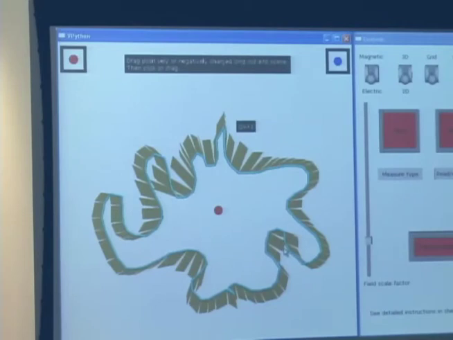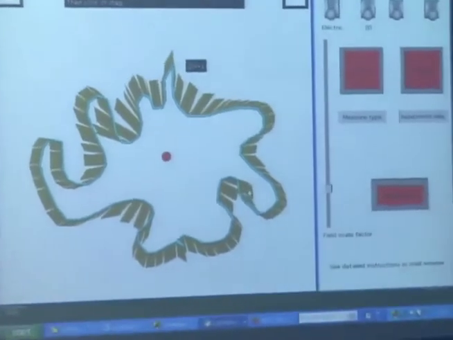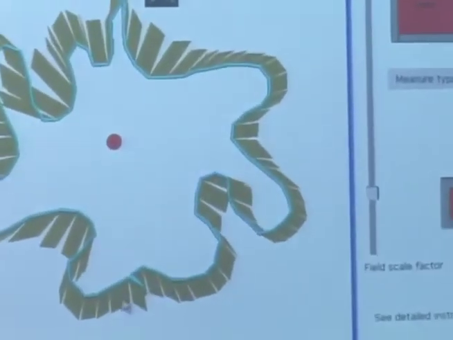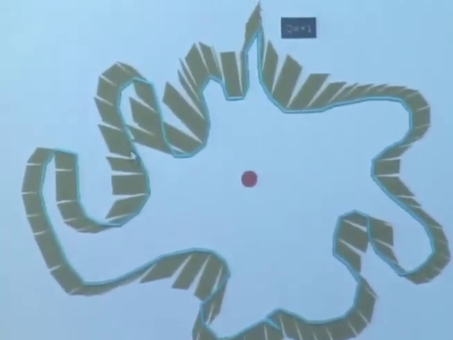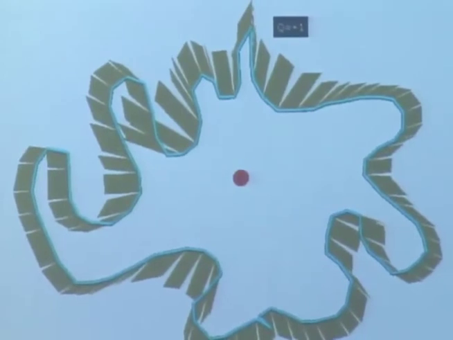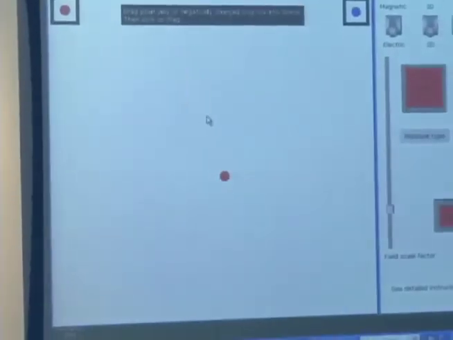In fact, let's see, can we find a place? Yeah, kind of right here. I don't know if you can see it. That part of that flux is actually negative because graphically it's in toward the center. Everywhere else it seems to be positive. A little bit of negative here. But when you add, in fact, let me make a simpler but still complicated shape to kind of show this.